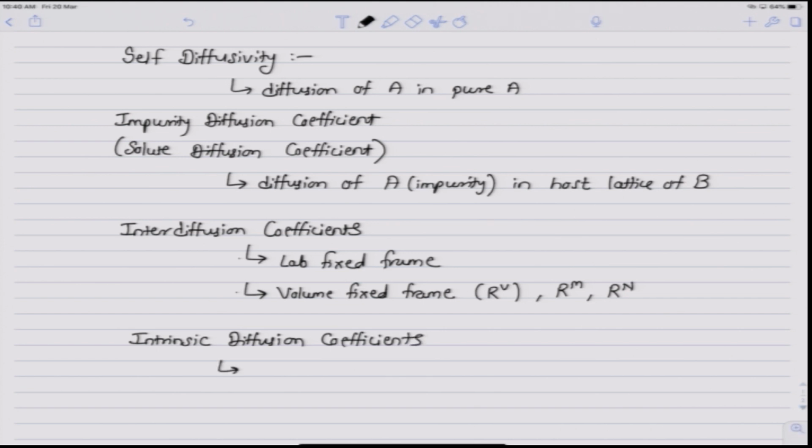And this is with respect to lattice fixed frame. This is also known as Kirkendall frame of reference.